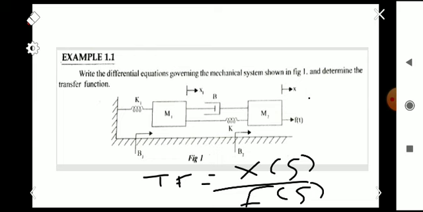And we know that b and k are connected between the two nodes. So while writing the equations, we have to consider both the displacements x1 and x.